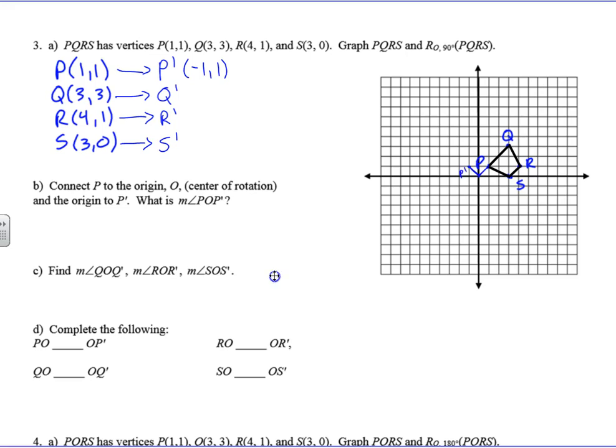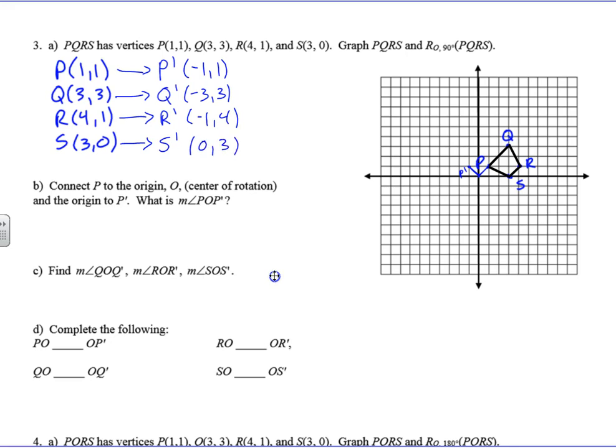And it does. All right, so what about Q? Turn it once to the left again. Q is negative 3, 3. What about R? Negative 1, 4. And then S prime would be 0, 3.